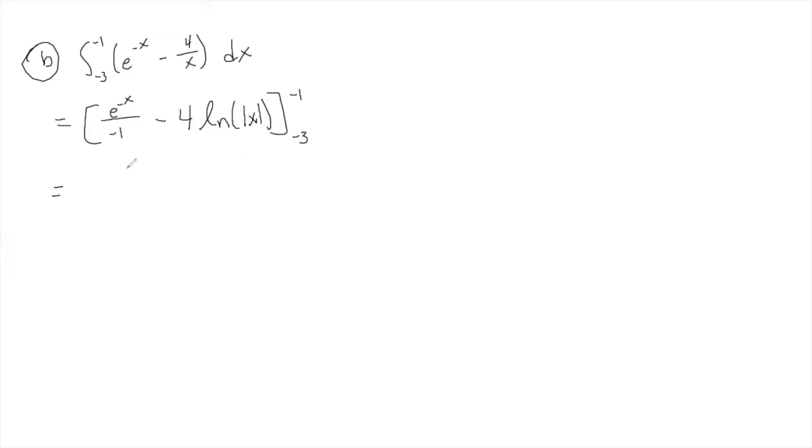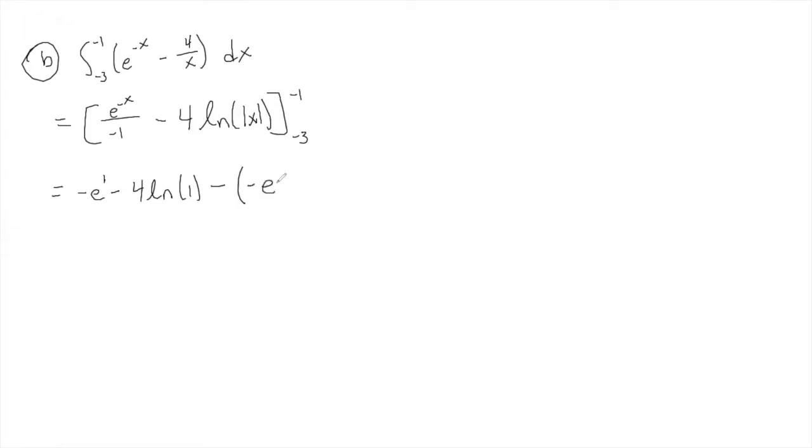So we have now negative e to the negative x. I plug in -1 first, right? I go top to bottom. So I get negative e to the -1, which is just to the 1, minus 4 ln of 1, because I take the positive part of -1. And then I get minus whatever I get when I plug in -3.